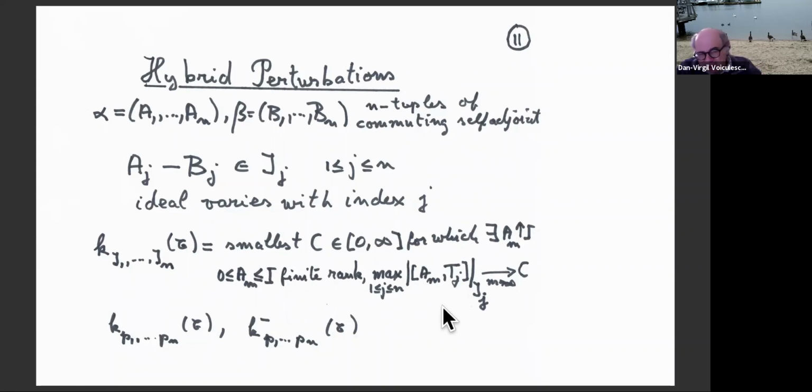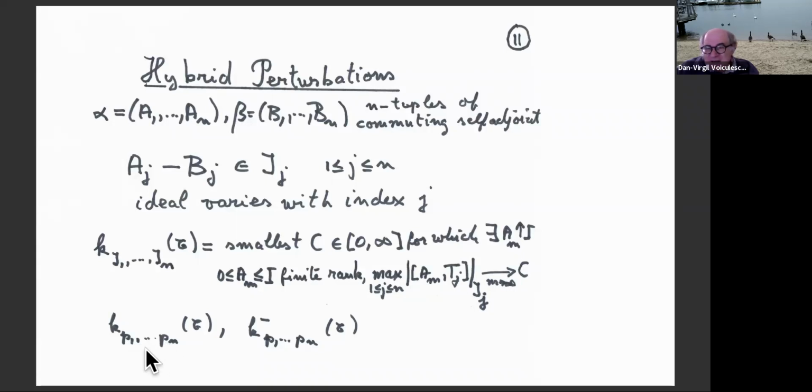It is again the smallest number c which you get as a limit of maxima of commutator norms of A_m with T_j, but every time you take the commutator norm in a different ideal I_j. So it is the same definition with this change: instead of the I norm of [A_m, T_j], you have the I_j norm.